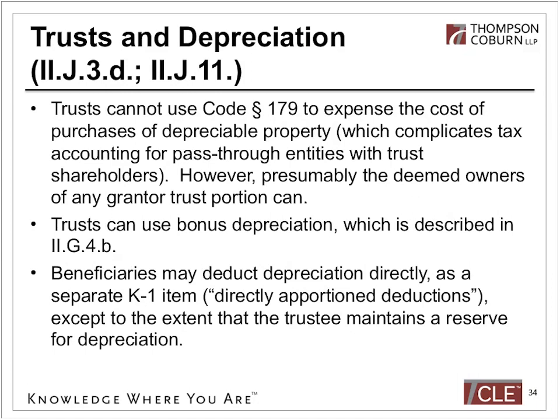Depreciation. Trusts cannot use Code Section 179 depreciation, which is an expensing provision, but they can use bonus depreciation. And bonus depreciation was something that came around in the past several years to stimulate the economy. They would say, we'll let you write off like 30% right up front, no matter how much you're investing.